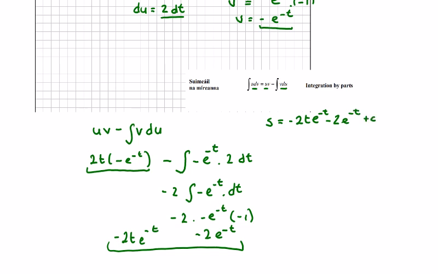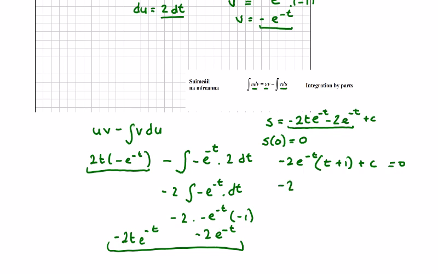They do tell us in the next part that s of 0 is equal to 0 to help us calculate c. I could maybe tidy this up a little bit first. I could factor out minus 2e to the minus t, and that would leave inside just t plus 1, plus c.